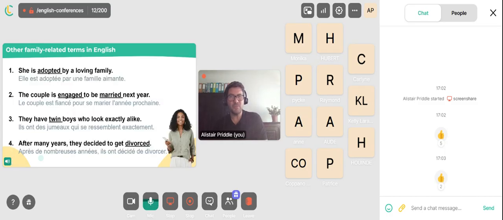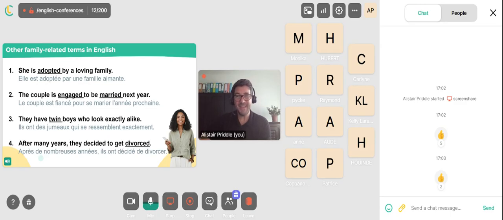So here are some more family-related terms in English, this time in sentences. Okay, number one, she is adopted by a loving family. The couple is engaged to be married next year.